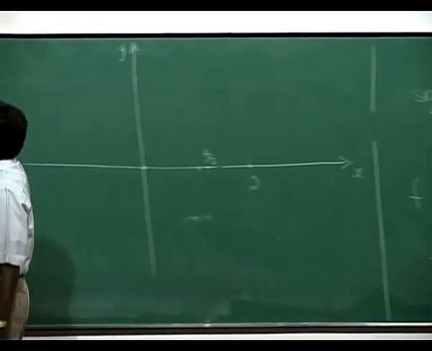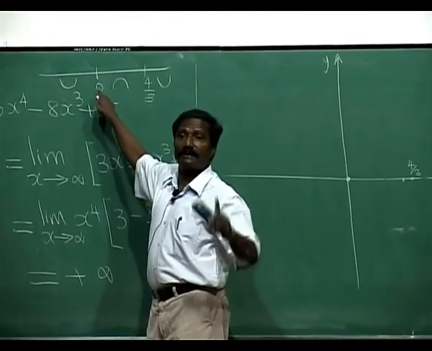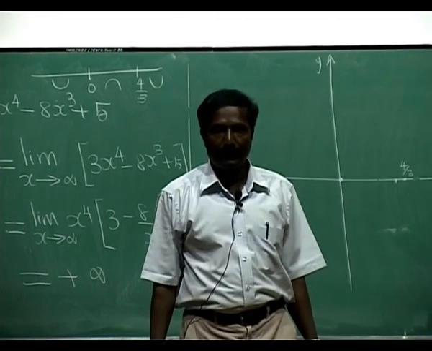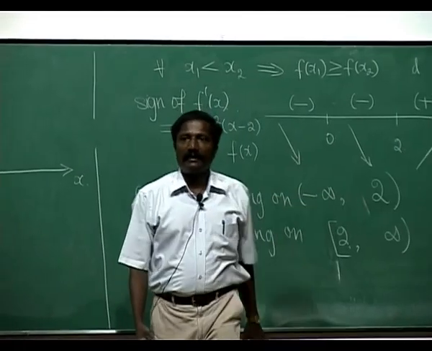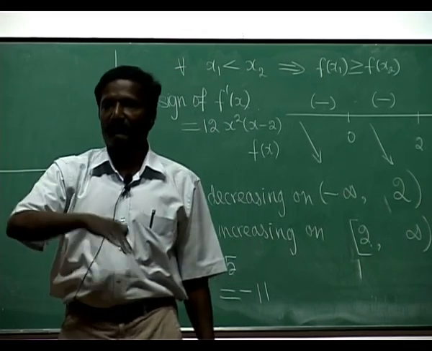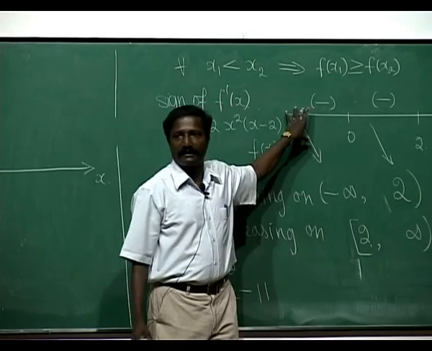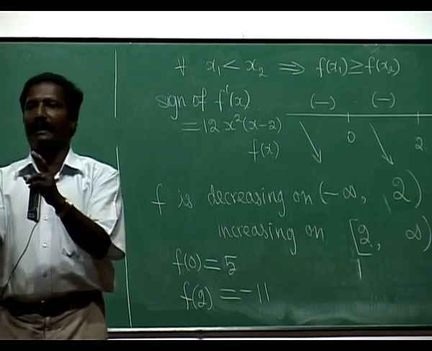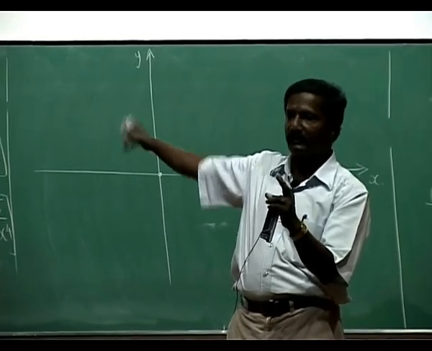Point of inflection should be where the concavity changes. So this analysis we cannot use for that purpose. An inflection point is a point where your second derivative changes sign. That's the analysis, right?